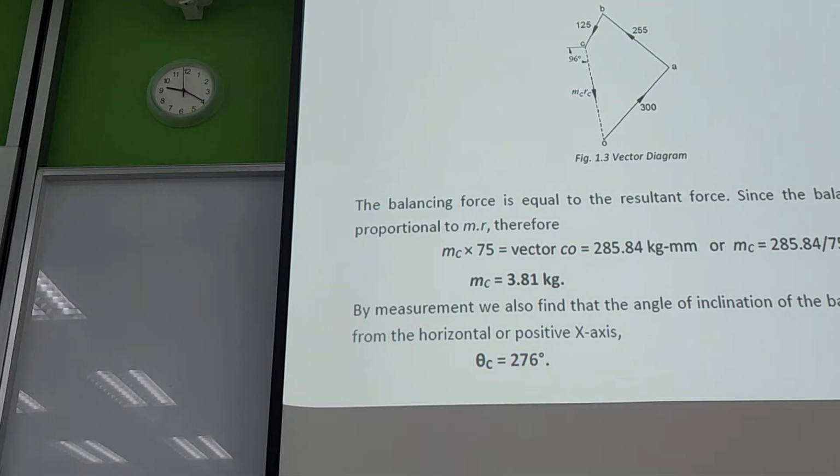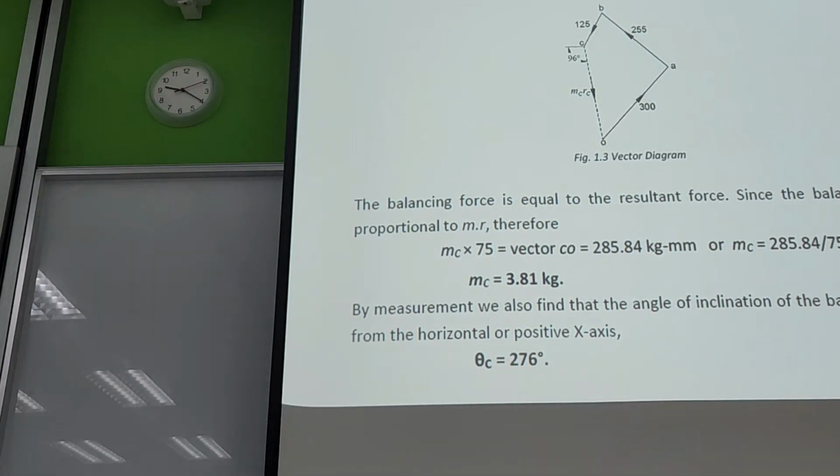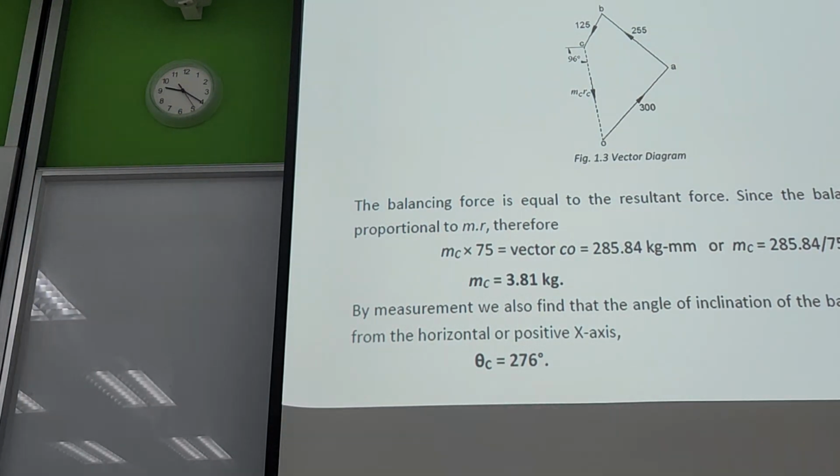So the sum should be 0. That means you must close the polygon. So whatever you measure, this distance will give you MC RC. So that is this much. Then you divide this by the RC value given, your 75 RC, so MC will be 3.8.